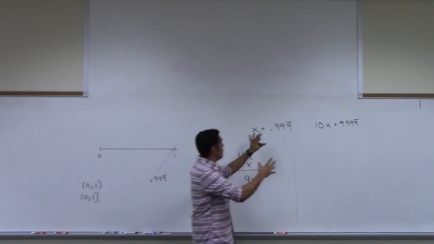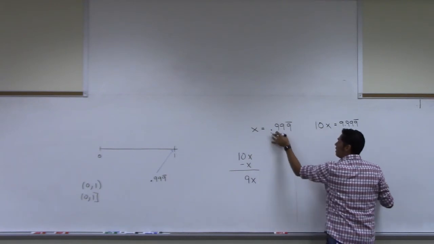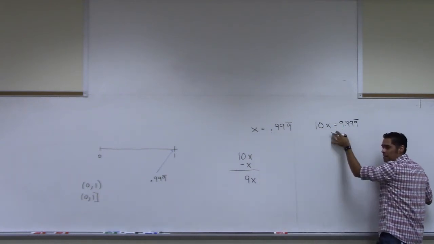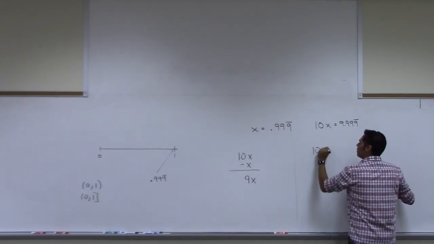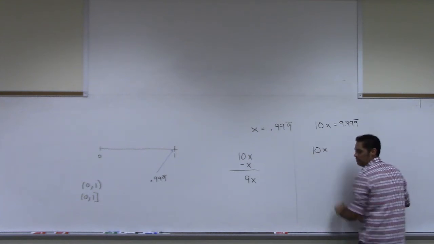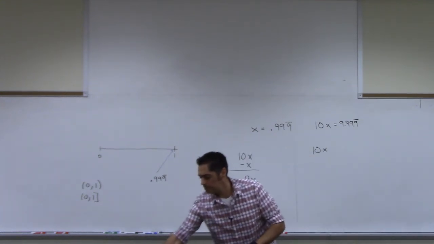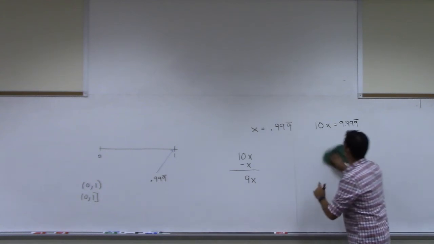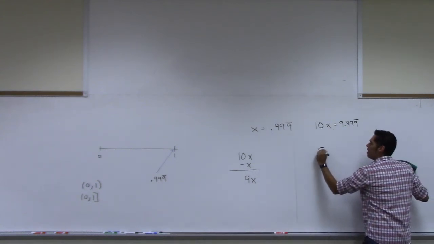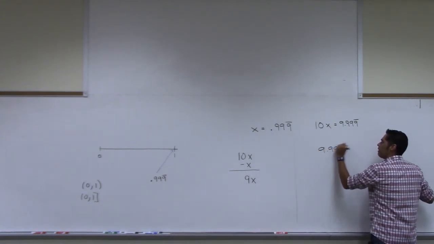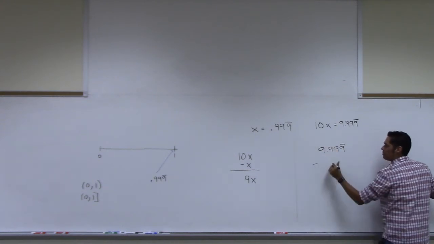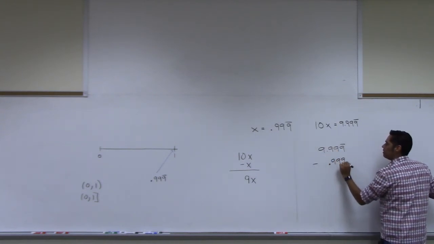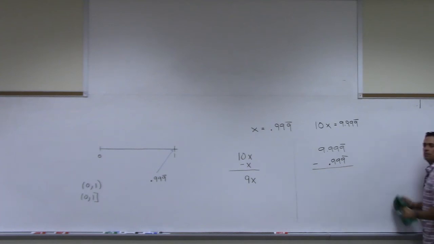Now, let's look at what I've stated here. If x is this, everyone agreed with me that 10x is this, yes? So what was 10x here? 9.999 forever. If I subtract from that x, 0.999 forever, then what would you get?